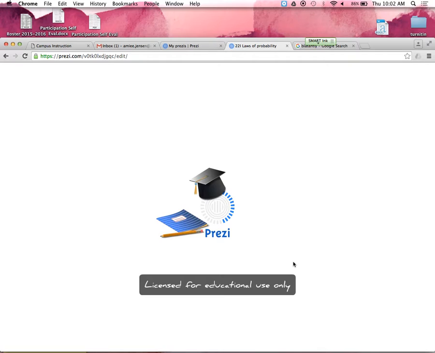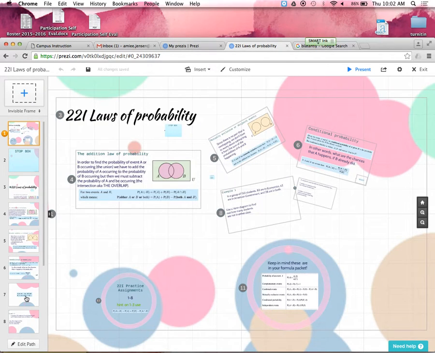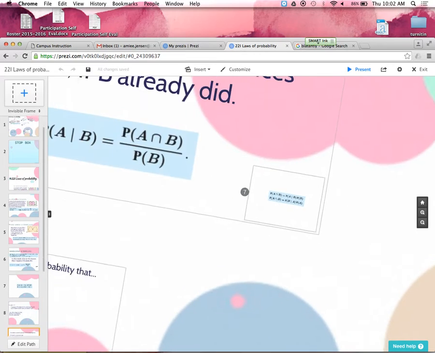So what we're going to do is make a Venn diagram to figure out how many students are not in either class. I'm switching something up really quickly.